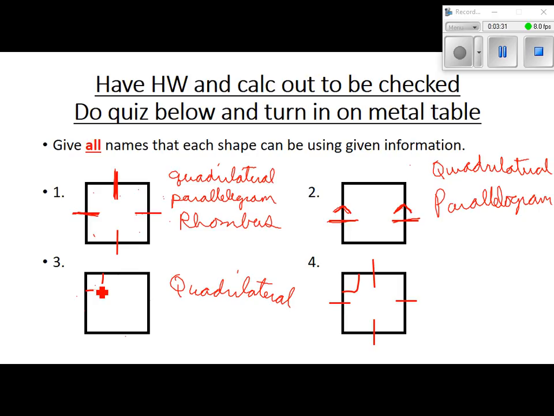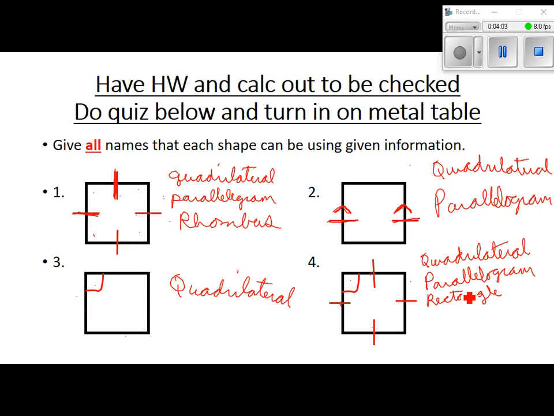Next, when we look at this one, we can say it's a quadrilateral because it's got 4 sides. Same as this first one over here. Opposite sides are congruent, so we know it's a parallelogram. Right here we have a right angle, and again, it only has to have one right angle to be a rectangle once you know it's a parallelogram.